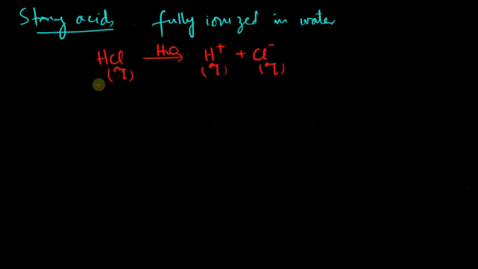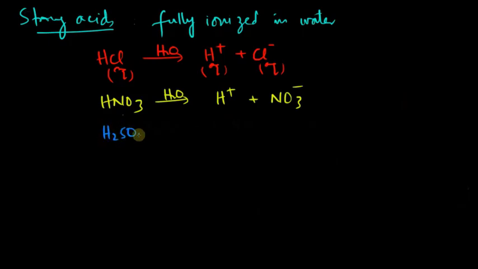Similarly, you can have an acid like HNO3. If you put it in water, it will fully dissolve, fully convert into its ions, and 100% ionization takes place. All the molecules of nitric acid are converted into their ions. Similarly, we have sulfuric acid, H2SO4.